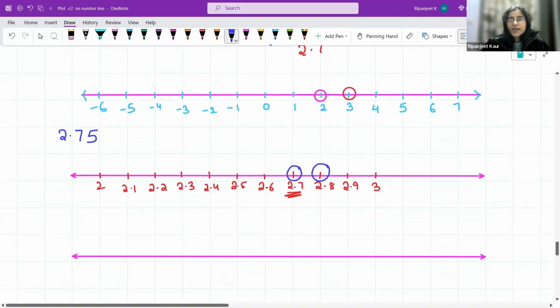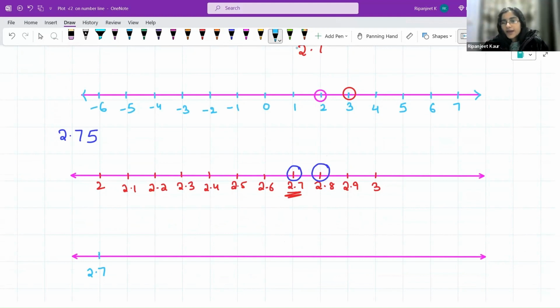Let us plot this as well. So we will start with 2.7 here, and at the end there will be 2.8. And in between, what is it going to be? Yes, in between there is going to be 2.71, 2.72.